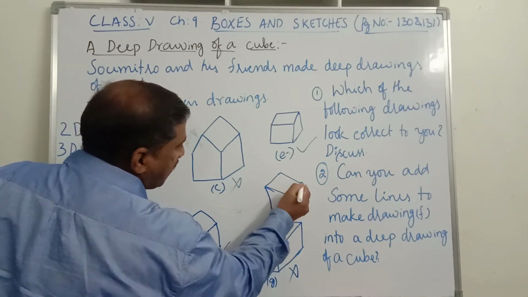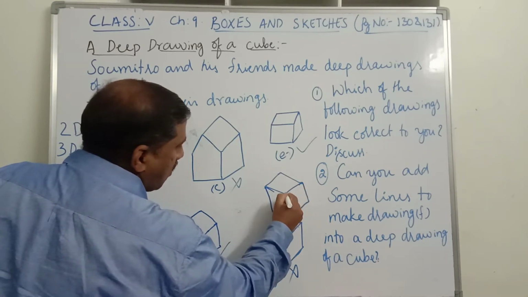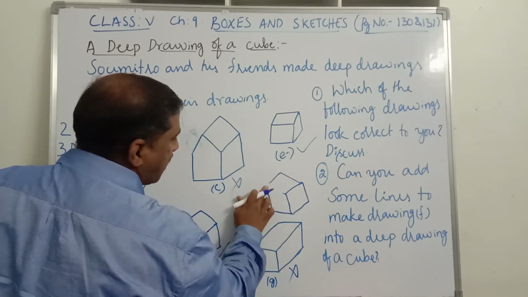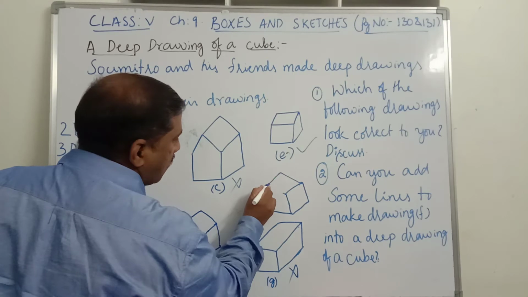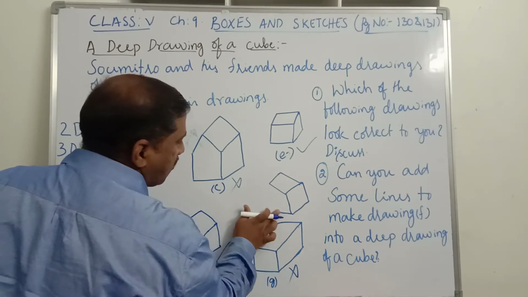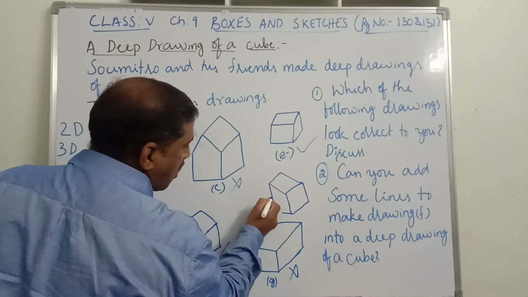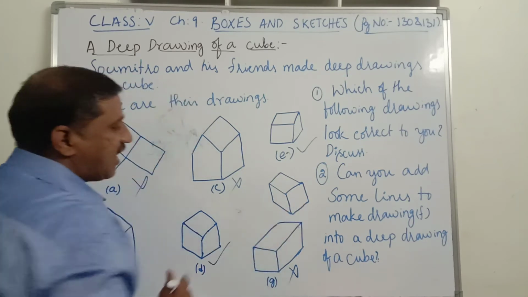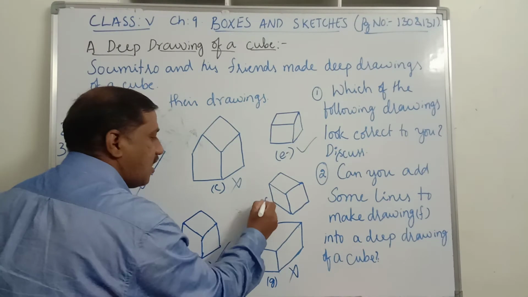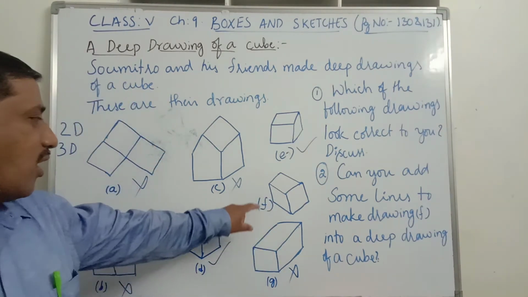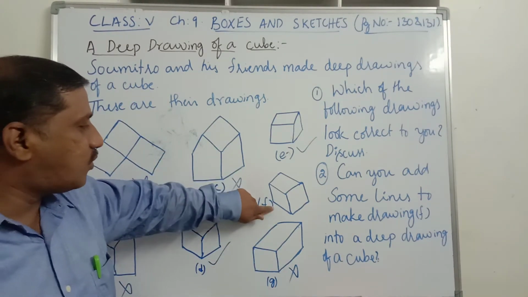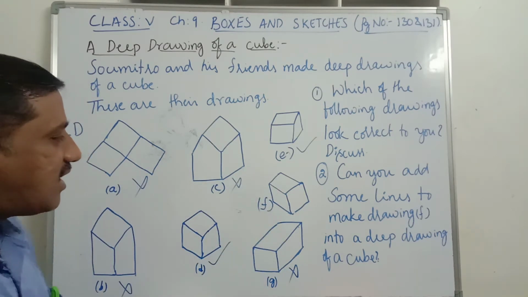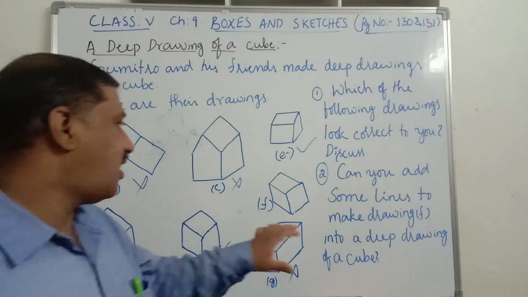Like this, if you draw, definitely we will get a cube. See here, I am drawing, so like this we will draw, and we will get a cube. So by drawing these 1, 2, 3, 4 and 5 lines to the figure F, we will get a deep drawing of a cube.